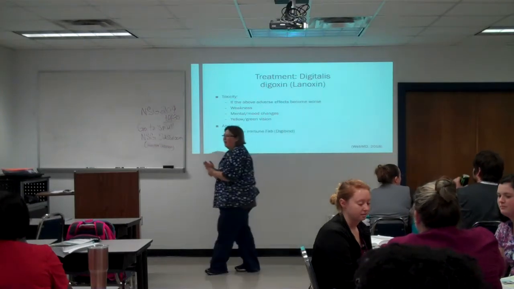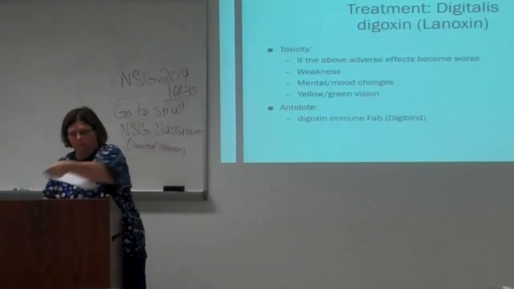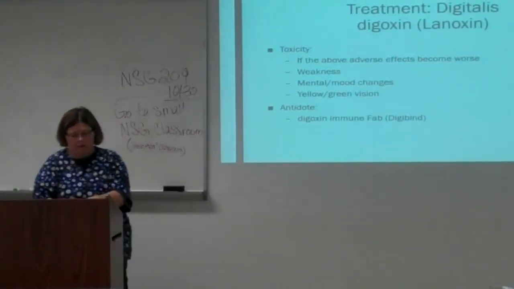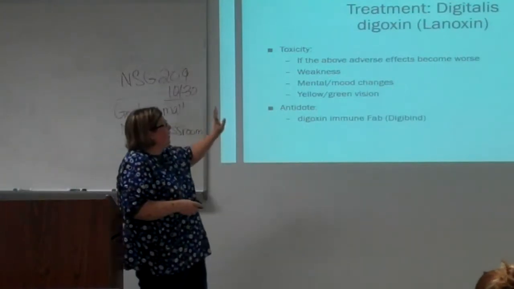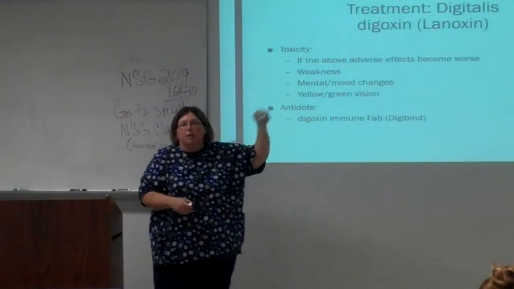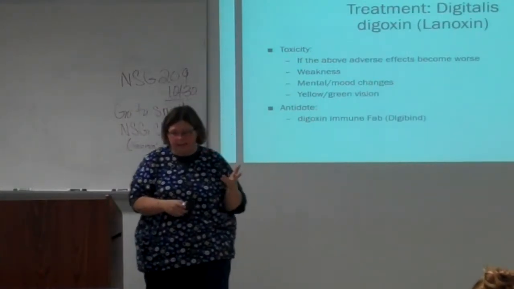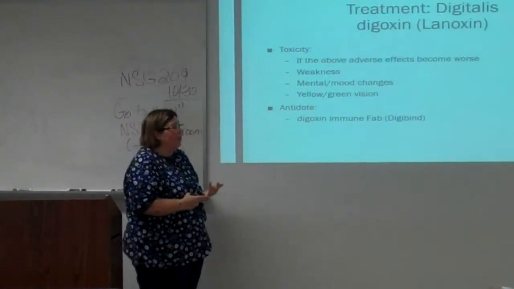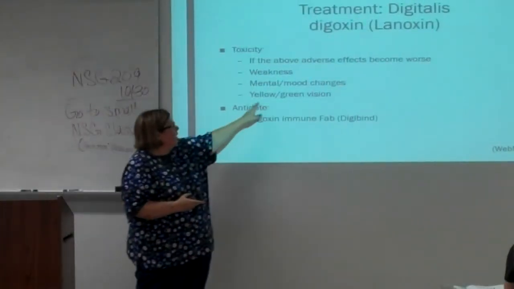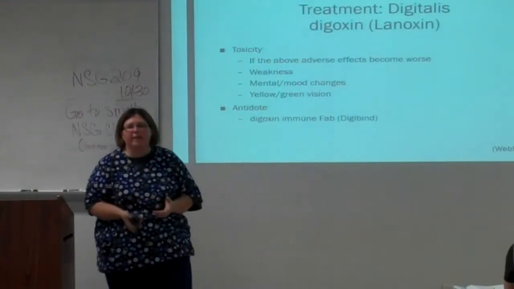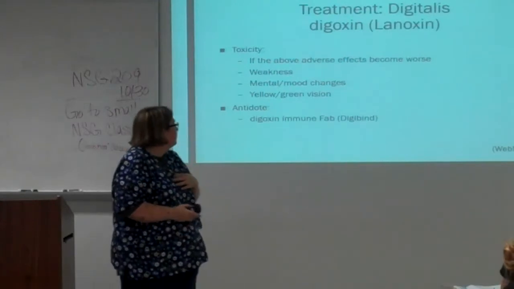Okay, thank you. So the toxicity. The adverse effects we talked about before will become worse with toxicity. They will become weak. You'll see mental or mood changes. And this is another big one: yellow or green vision that they will start seeing when they become toxic.